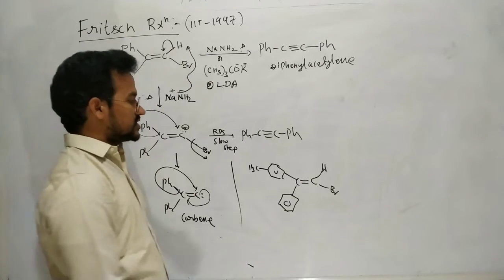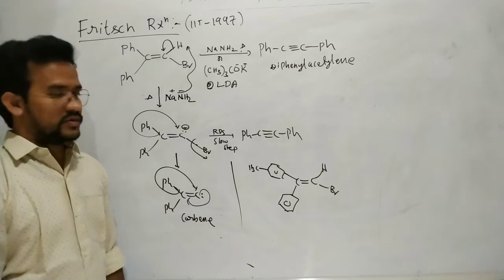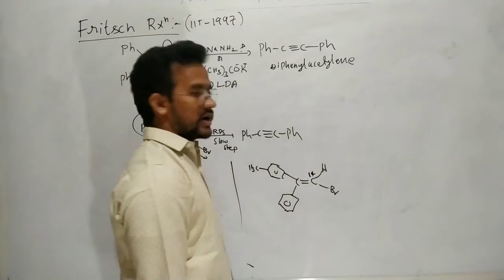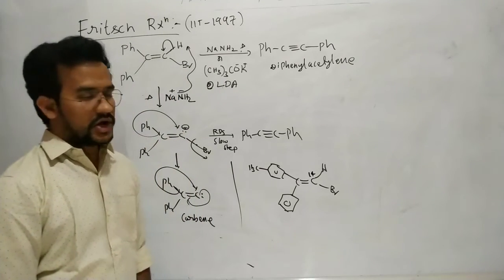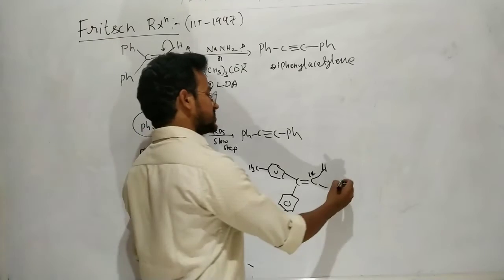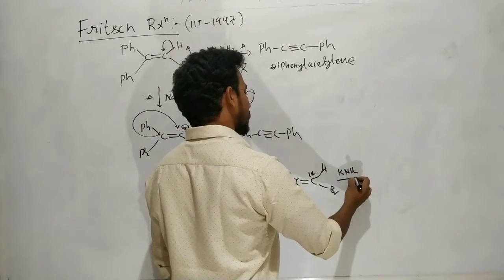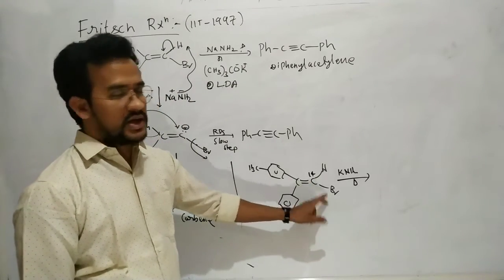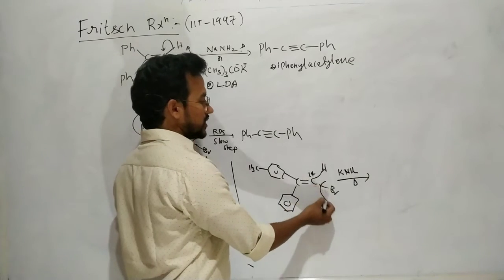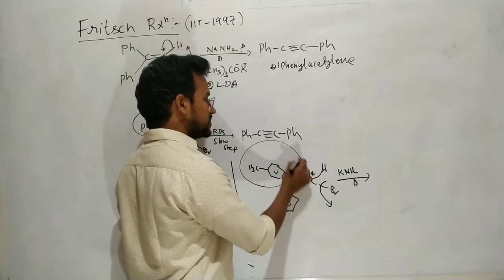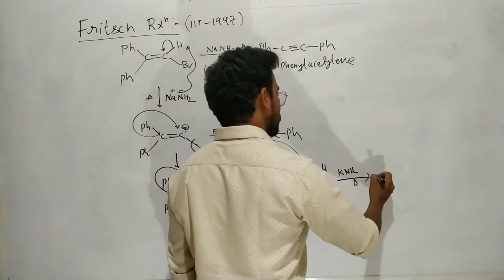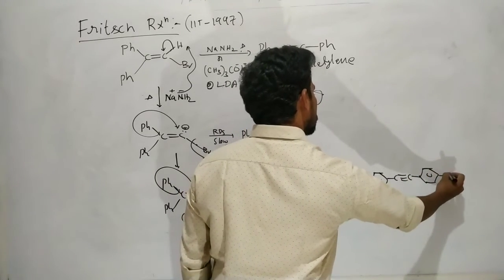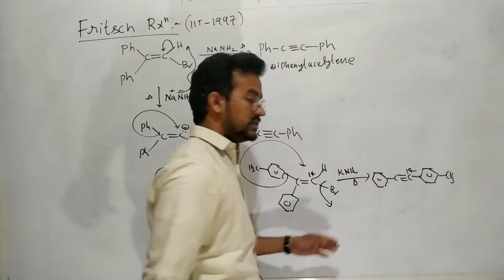In this case two are the different groups, and suppose it is a radioactive carbon, that means C14. On heating with strong base, the group which is exactly opposite in position to the bromine is migrated. So we will get the product, C triple bond C with CH3 and C14 as the product.